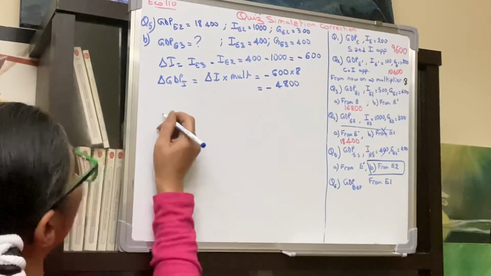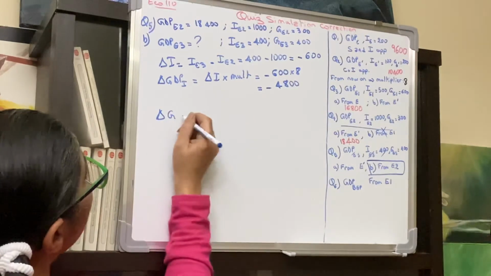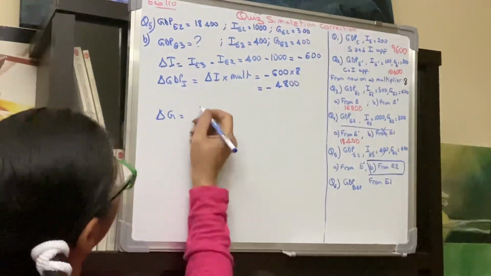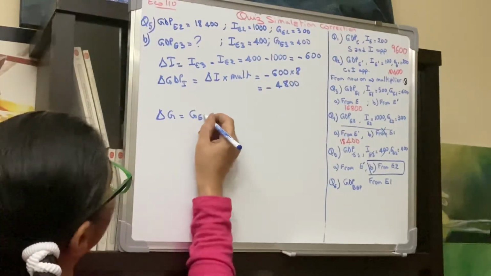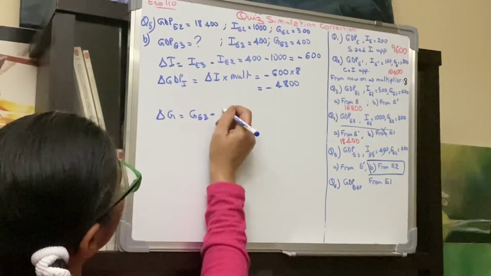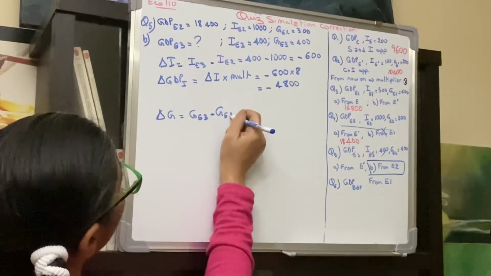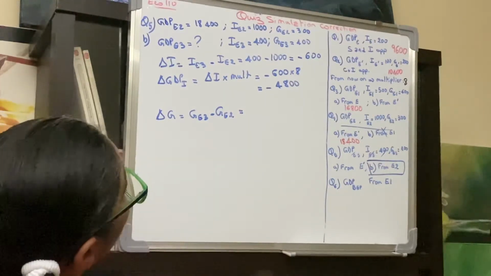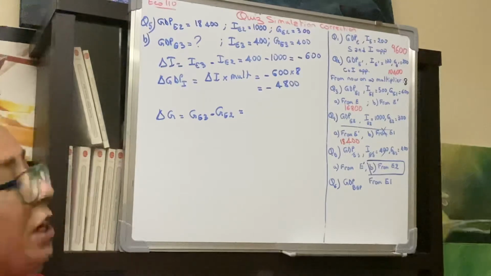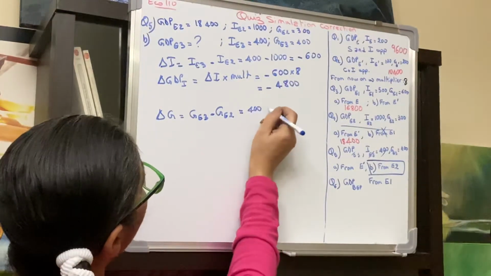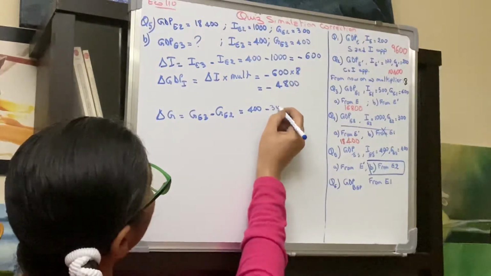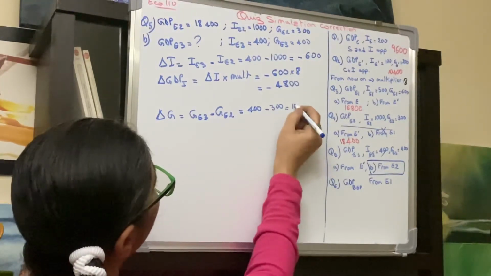Now I'm going to move to delta G. Delta G is equal to G at E3 minus G at E2, so it's 400 minus 300, which is equal to 100.